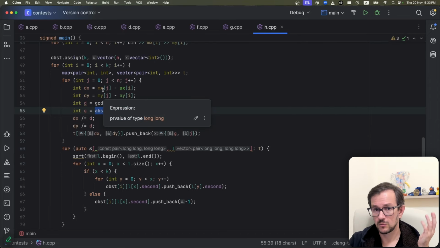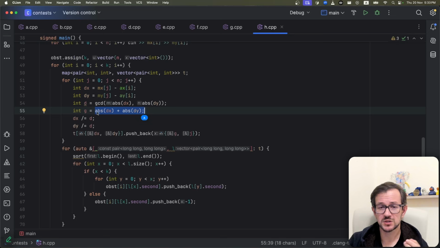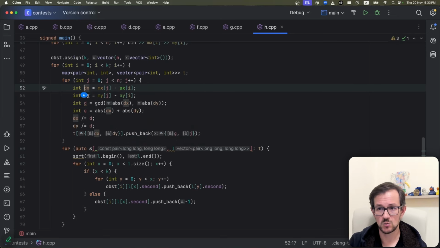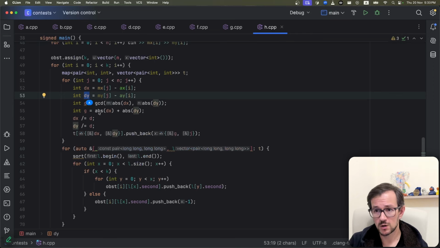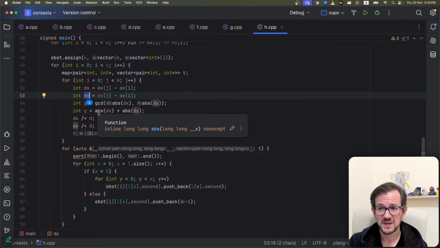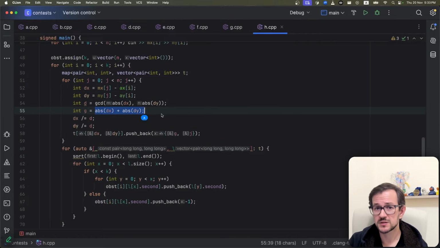Euclidean distance will also work, but you will not have integers, not very nice. You can use the square of Euclidean metric, so it's like dx square plus dy square. That also will work, but then you have large numbers. Manhattan distance uses small numbers and it's integer, so that's why I prefer it here. But it's actually not important. You can use any metric here. It's just a number used for sorting monsters by distance.